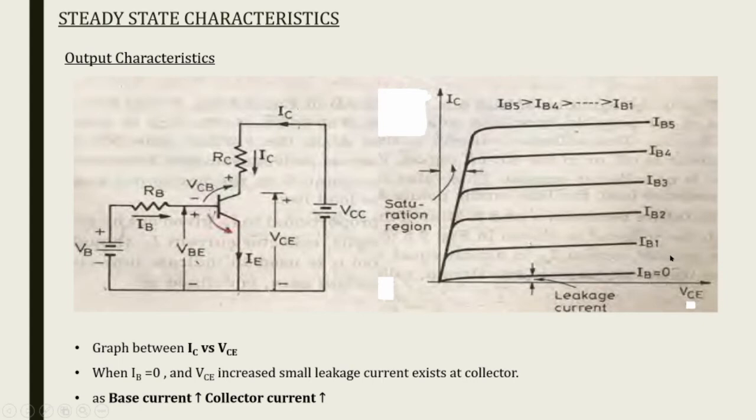IC versus VCE. Here you can see when IB is 0, IB meaning the input current, there will be a small reverse leakage current due to the minority carriers. That is what is denoted here. When IB is 0, there will be a small reverse collector current IC, defined as the leakage current.